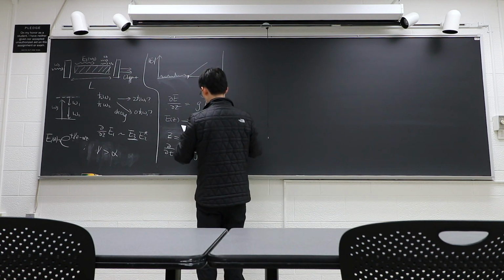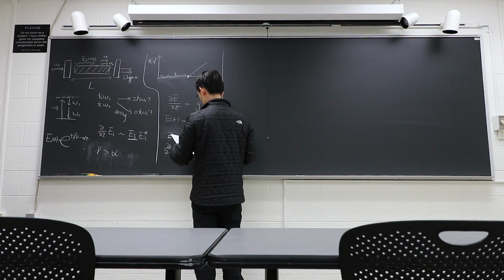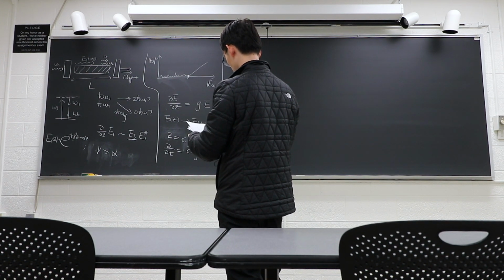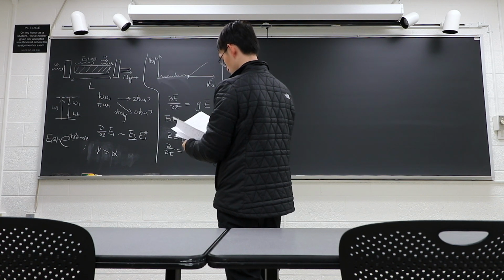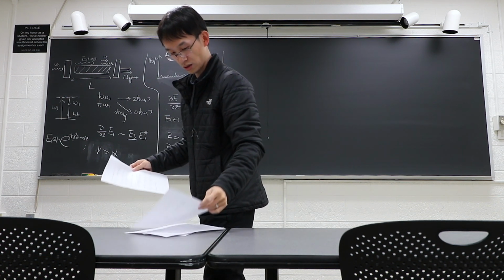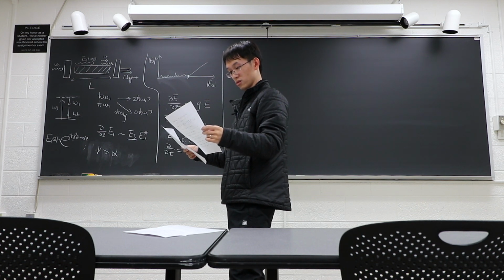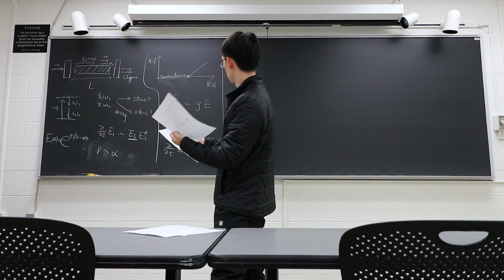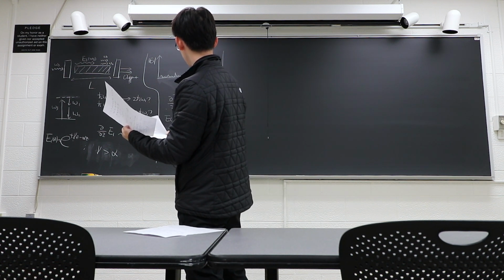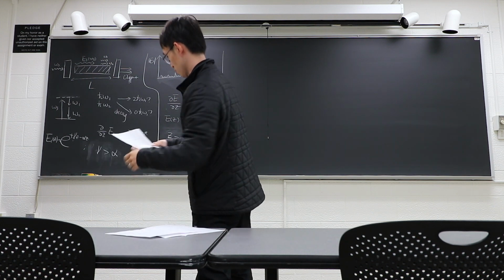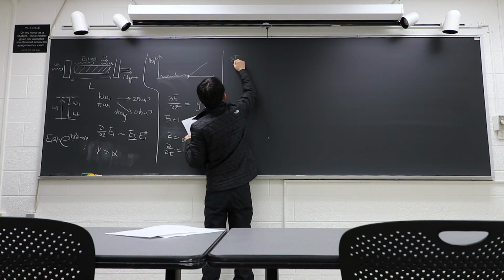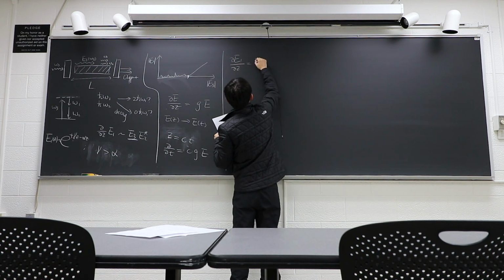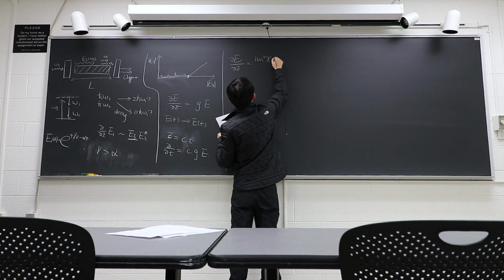I think in my note, there might be a mistake on the equation. I think I put the speed of light at the wrong place. Let's just work on it. This one, I only got 1 squared chi 2.